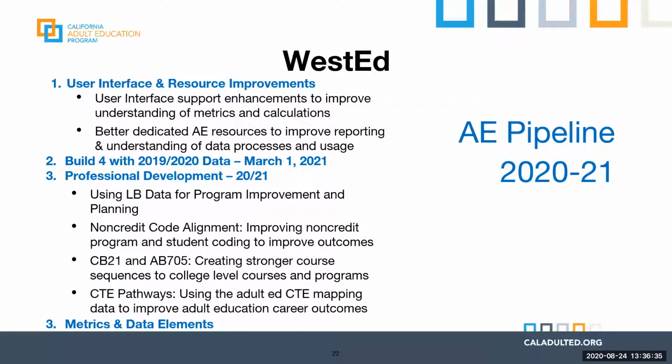So that is our target here. Often that's dependent on when we receive data sets. CASAS is very timely with their data set, but we have occasionally received MIS files a little bit late in the year for us to hit that target exactly when we want to. Although now that we're in build 4, we will continue to confer with CASAS and hopefully get more accurate around how the data can more accurately reflect what's going on in the field.